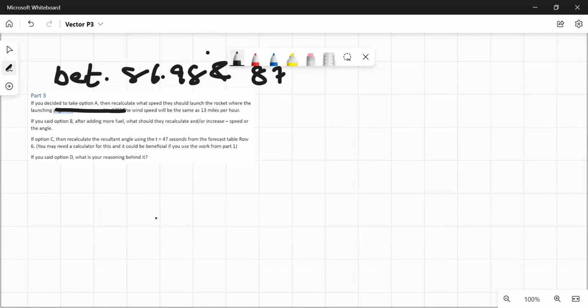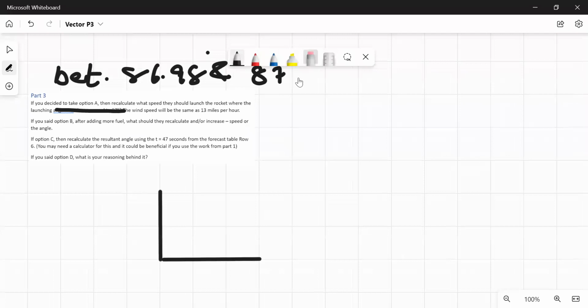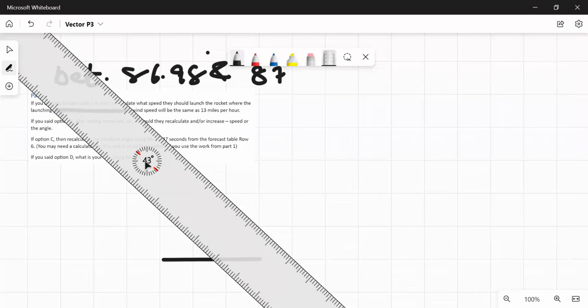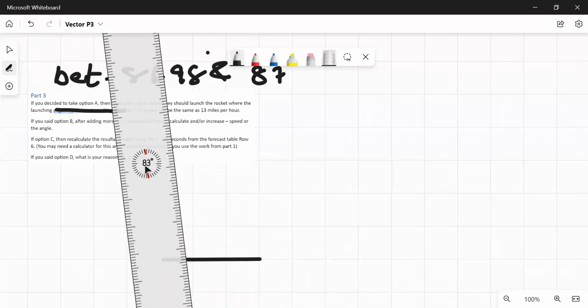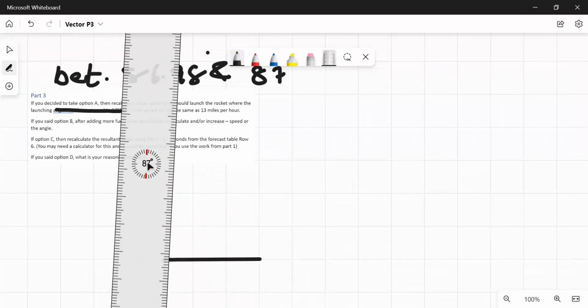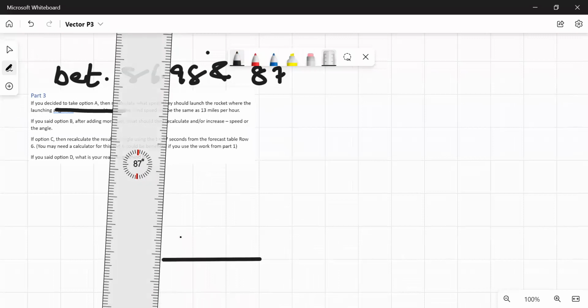All right, so let's start again by drawing a sketch of it. I made a mistake again, so I'll just use the ruler and create an angle of 87 degrees right here.